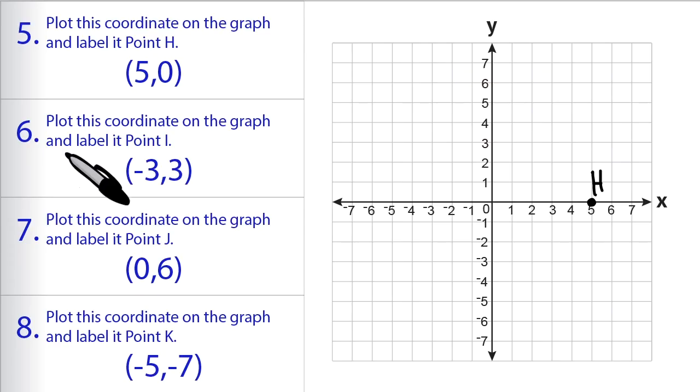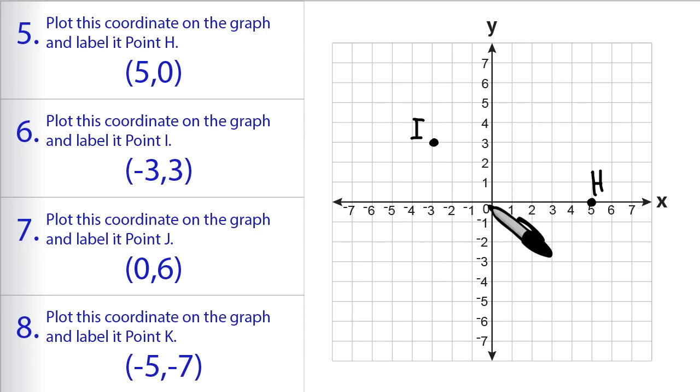Okay, so for problem 6, we need to plot this coordinate on the graph and label it point I. And we have -3, 3. So we imagine that our point starts at 0, and we go -3 on the x-axis, and then +3 on the y-axis, so up to 3, and there's our point, and that's going to be labeled point I. All right, for problem 7, we need to plot this coordinate on the graph and label it point J. And we have 0, 6.